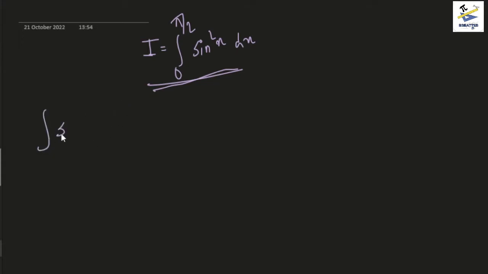We want to find the indefinite integral of sine square x dx, and this would be, we first have a 1 by 2 outside and a 1 by 2 inside, so this would be 1 by 2 into the integral of 2 sine square x dx. If you remember, cos 2x has two formulas. One of them is cos 2x equals 2 cos square x minus 1, and one is 1 minus 2 sine square x.